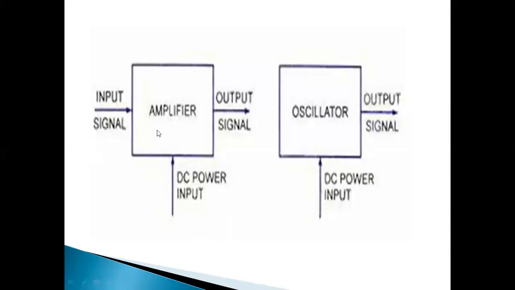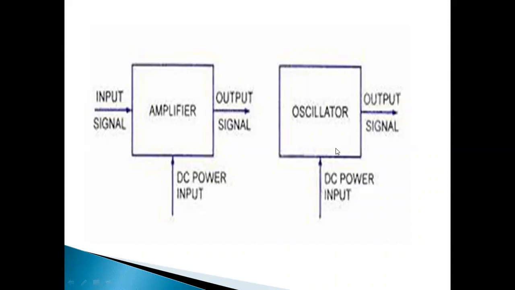So this figure represents the difference between the amplifier and the oscillator. Here we can observe that for the amplifier, we are applying some AC input signal in order to get some amplified AC output signal, and here we are also applying some DC input power.